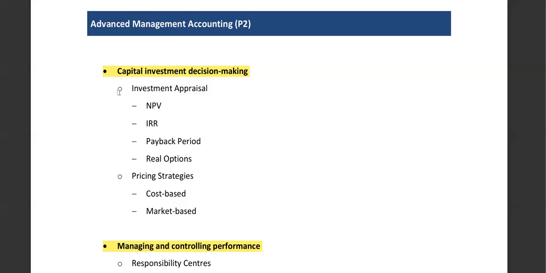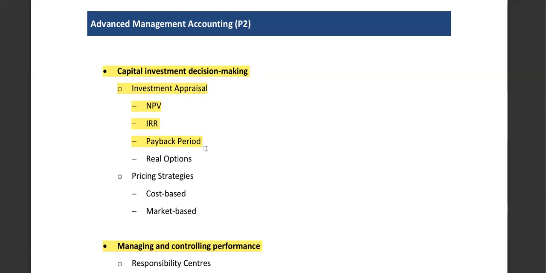So let's start with investment appraisal. Remember, there are four investment appraisal techniques, and most importantly, you could be tested on NPV, IRR, payback period. You need to have a sound understanding of each of these techniques together with the pros and cons of using them to appraise a capital investment decision.